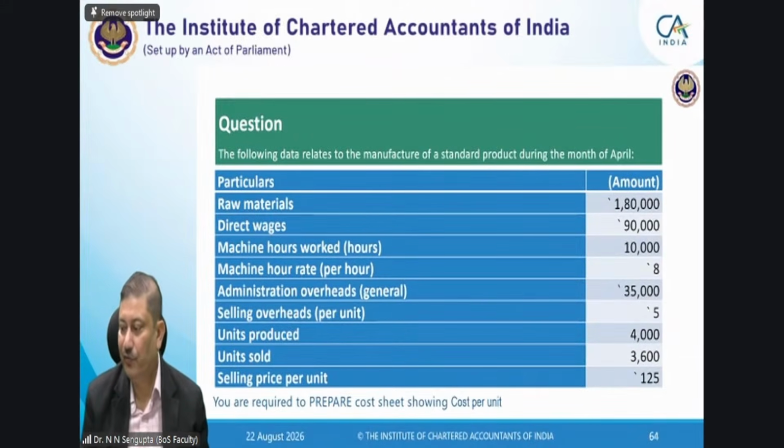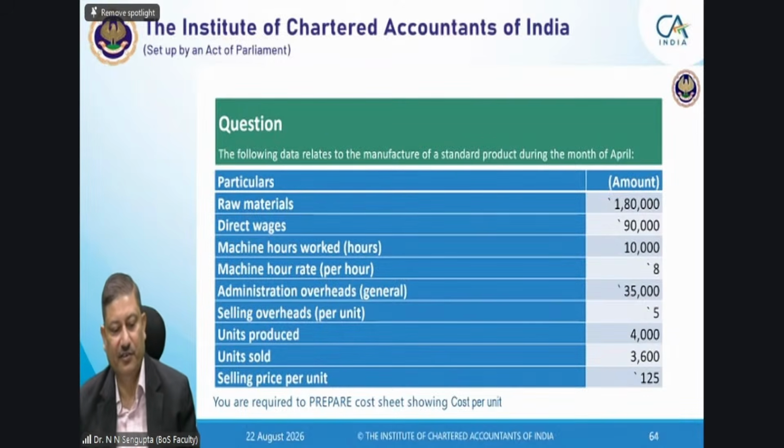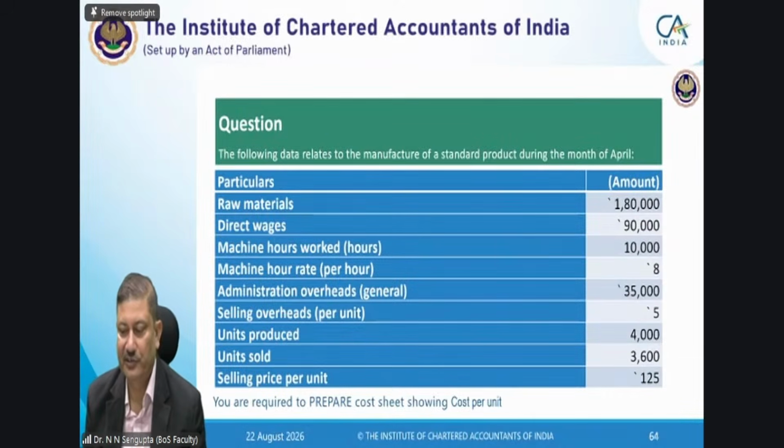So we can do a small question on cost sheet. Just go through the units which are given. What are the things which are given? Again, you can take a photograph of it, so that you can refer to it later also.